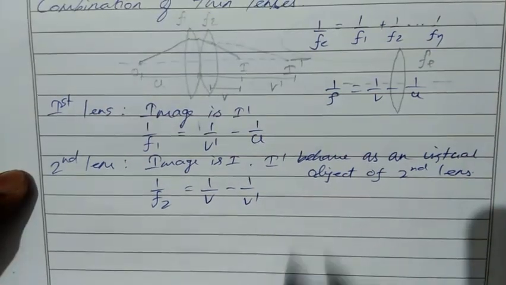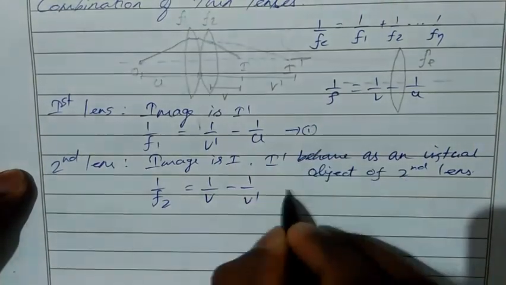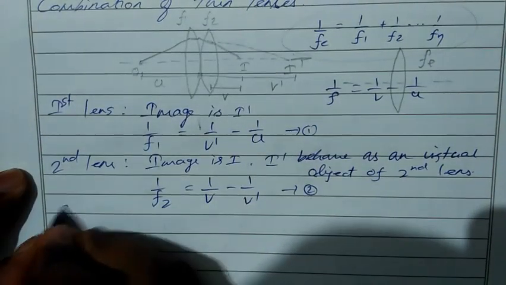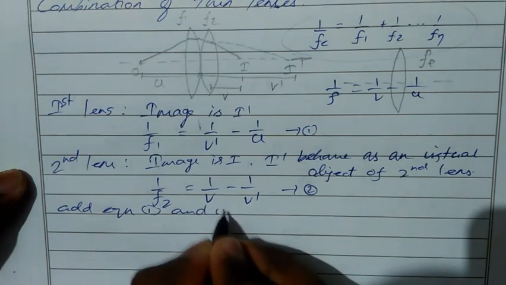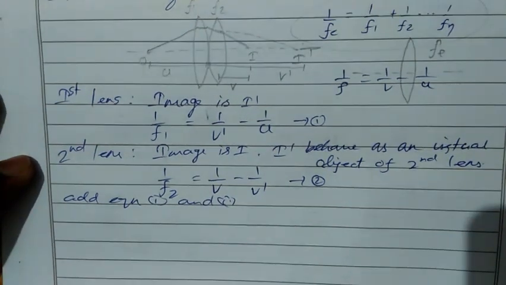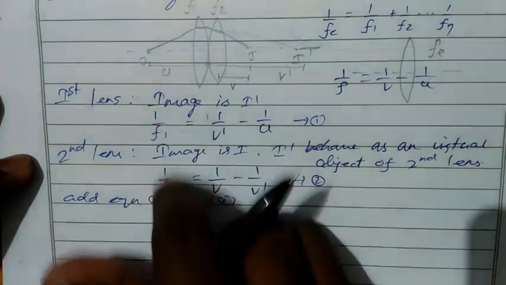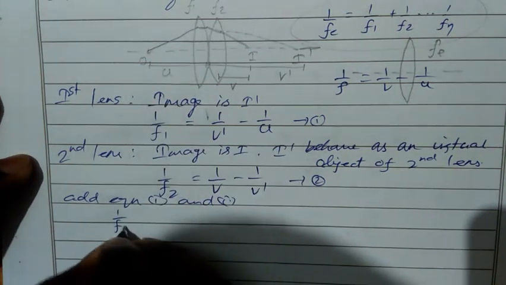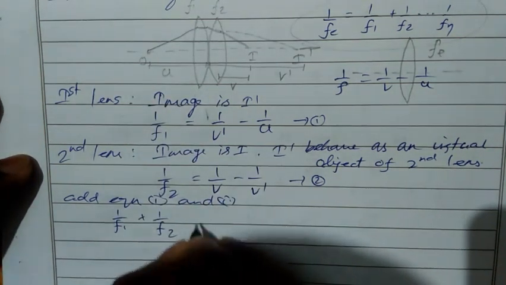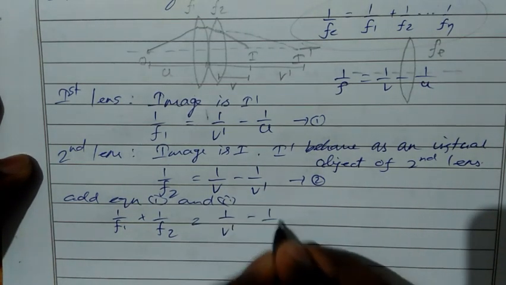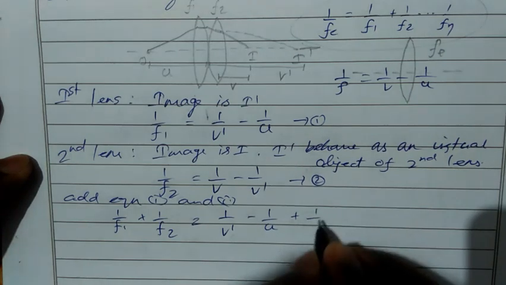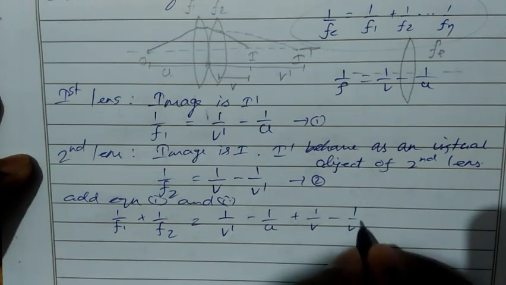Clear? So we consider this as equation 1 and equation 2, and add equations 1 and 2. If we add, first the left side: 1 by f1 plus 1 by f2 equals, then the right side, 1 by v dash minus 1 by u plus 1 by v minus 1 by v dash.